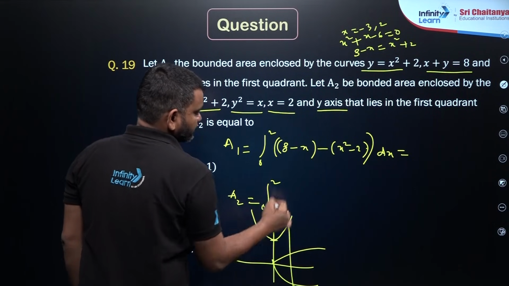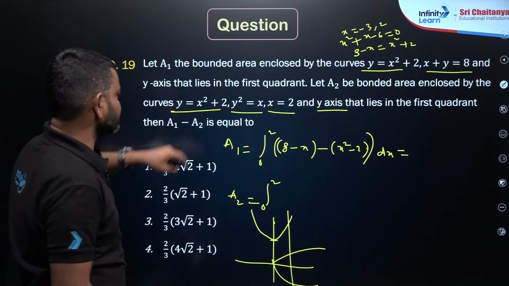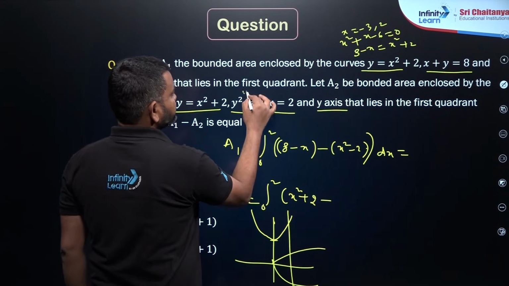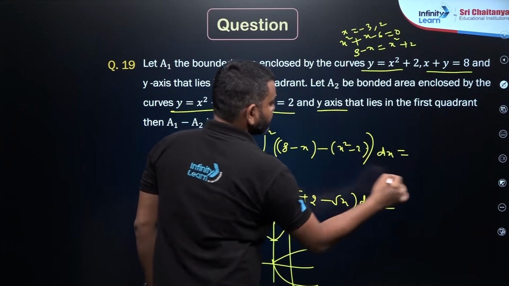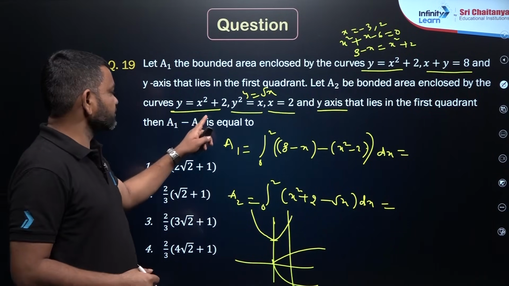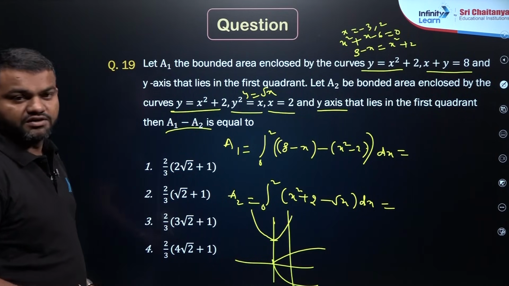So 0 to 2, the curve minus the other curve, the first one is going to be this. So I have to write x square plus 2, and this y value is what? Under root x, so minus root x dx. Here you are going to get the other equation. So you get A1 and A2, substitute the values in A1 minus A2, you will get your answer. Okay, easy question.